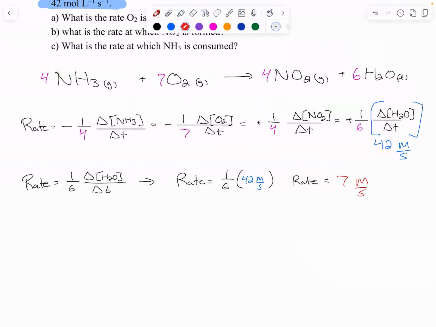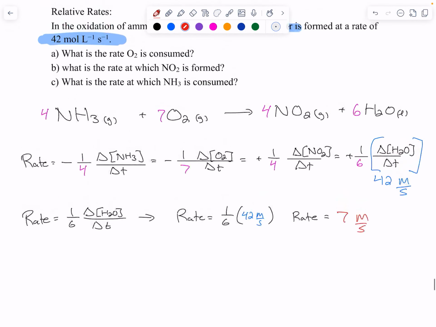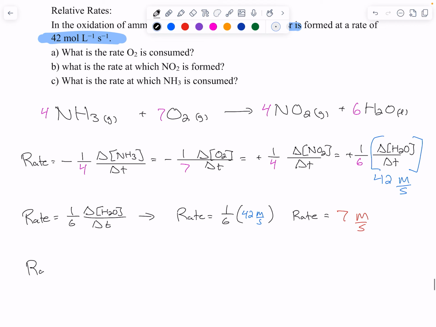All right. So now O2 is right here. So we're going to come down, and the rate is equal to -1/7 change in concentration O2, change in time. So that means 7 molarity per second is equal to -1/7 times, I'm just going to put in a big old X, because that's what we're looking for.